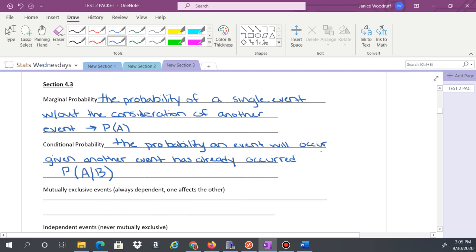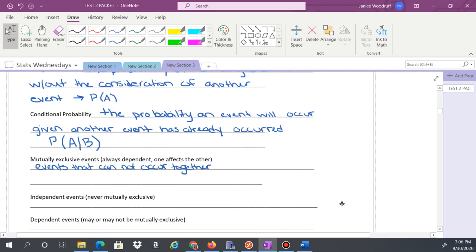Mutually exclusive events are events that cannot occur together. It gets kind of confusing when you're asking about mutually exclusive, because it's almost opposite.